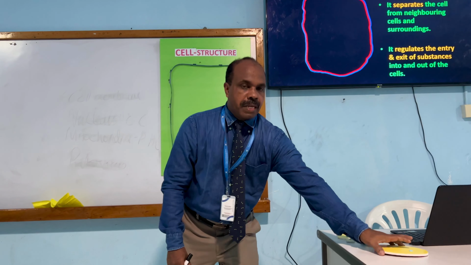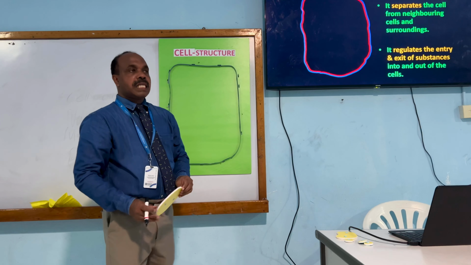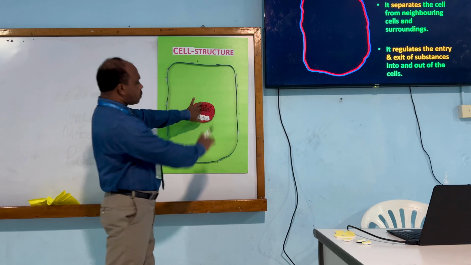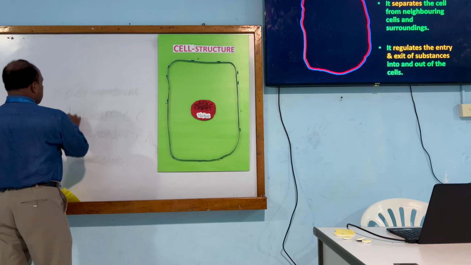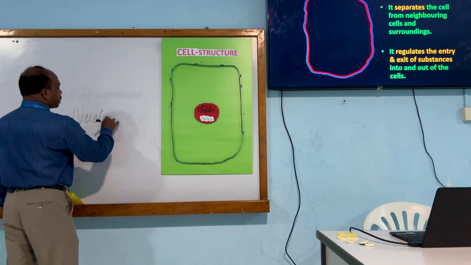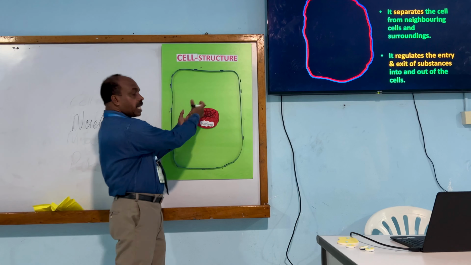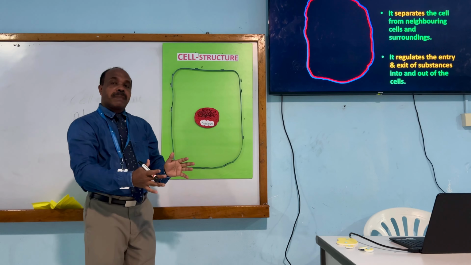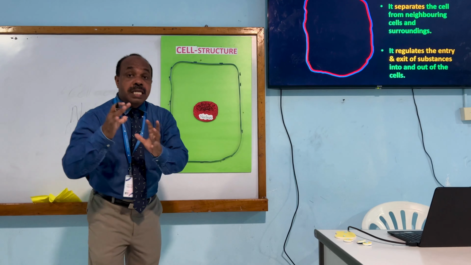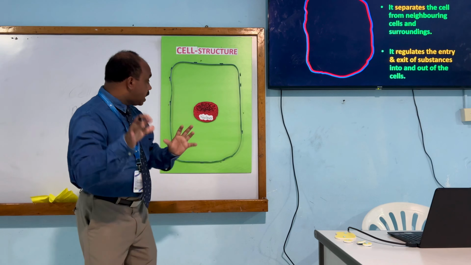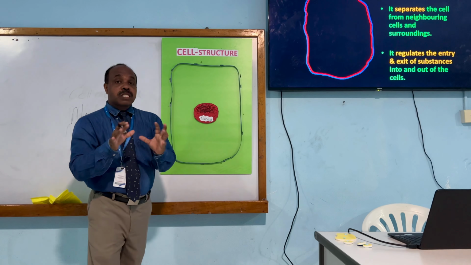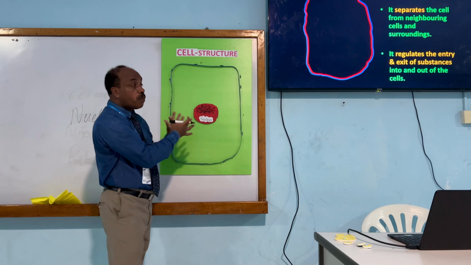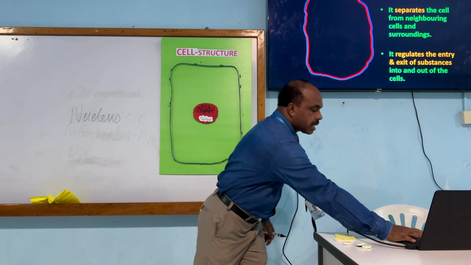Next to cell membrane, the most important cell structure inside a cell is the nucleus, right? So which is the most important cell structure? Nucleus. This nucleus is composed of thread-like structures. Those thread-like structures in the nucleus are called chromosomes and are made of DNA. This DNA is responsible for controlling all the biochemical or metabolic activities inside a cell.